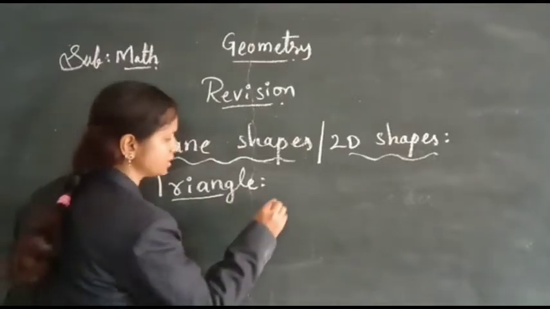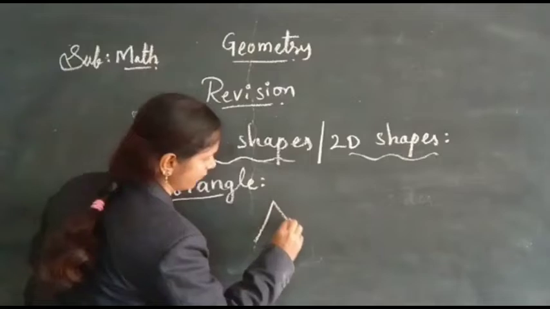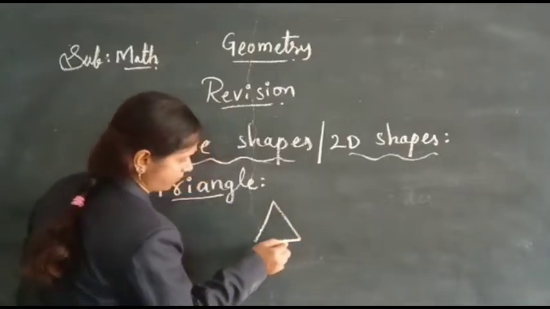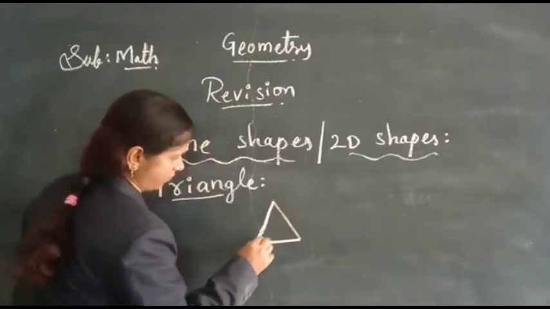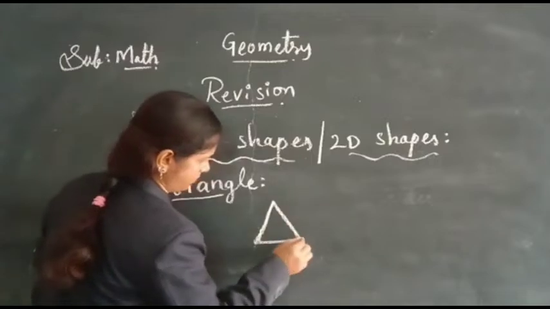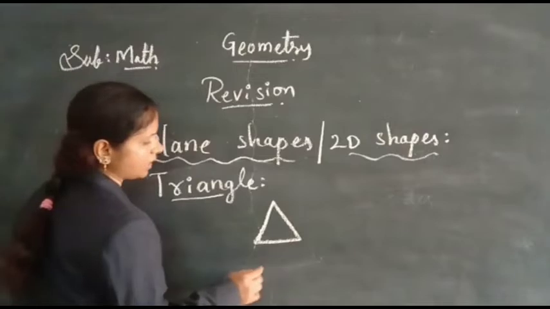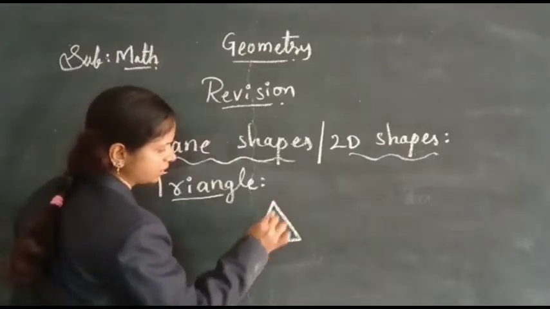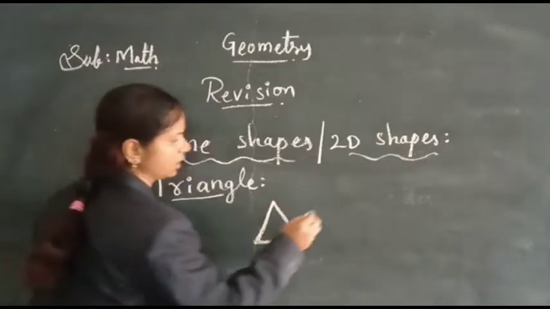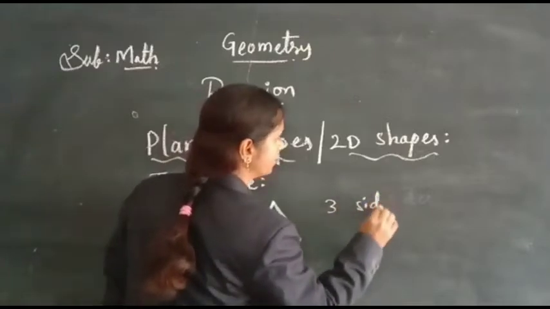Next shape is the triangle, children. See here, you can see the shape of a triangle. What can you observe in this triangle shape? A triangle has 3 sides. See here, 1, 2, 3.